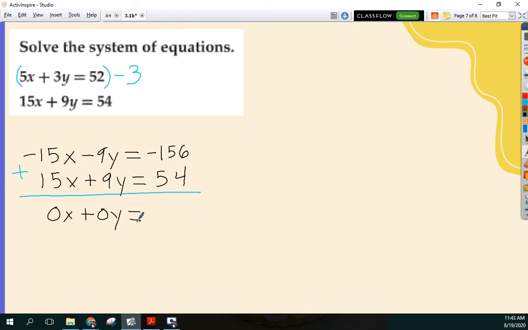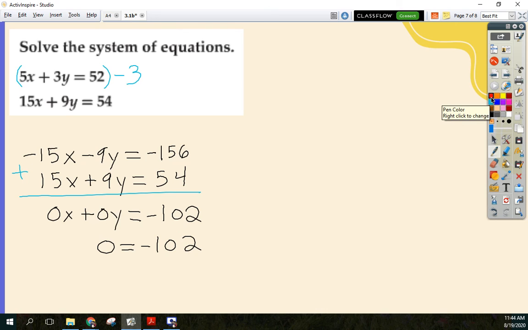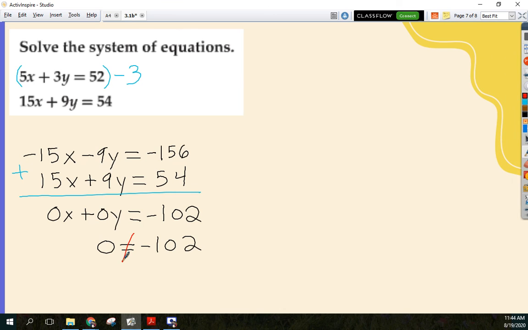And then I have negative 156 plus 54 is going to give us a negative 102. So simplifying my left side, I just end up with 0 equals negative 102. Now, hopefully we're all good enough math students to know that 0 does not equal negative 102.